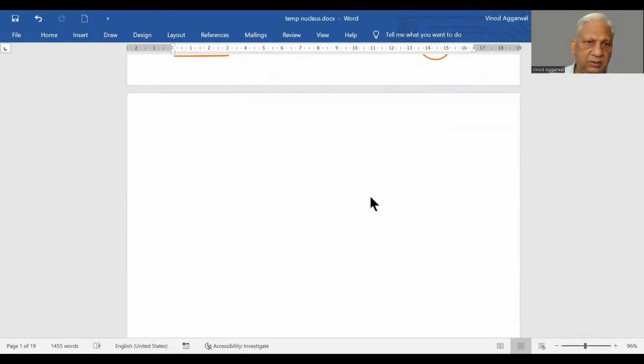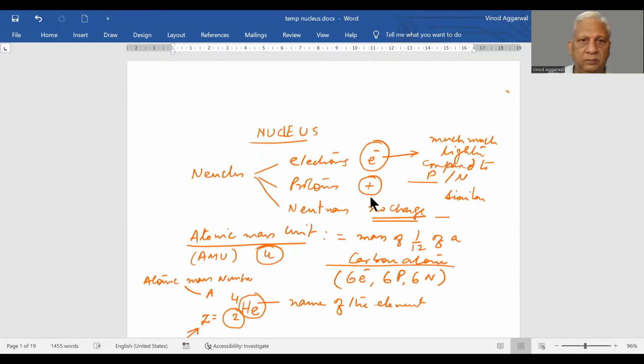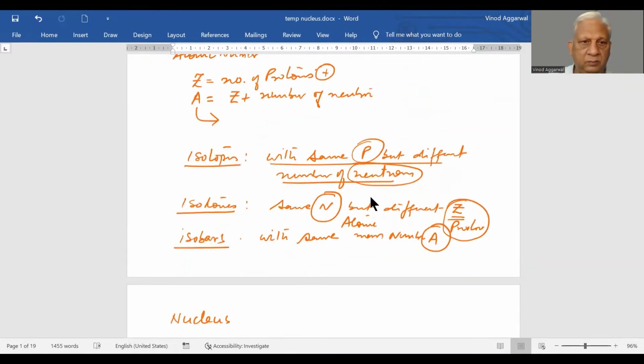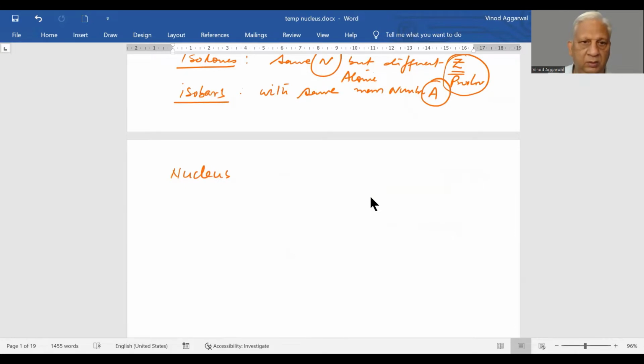The next topic is, let's try to calculate nucleus radius. Nucleus radius is defined as R equals R0 times A to the power 1/3, where R0 is a constant.